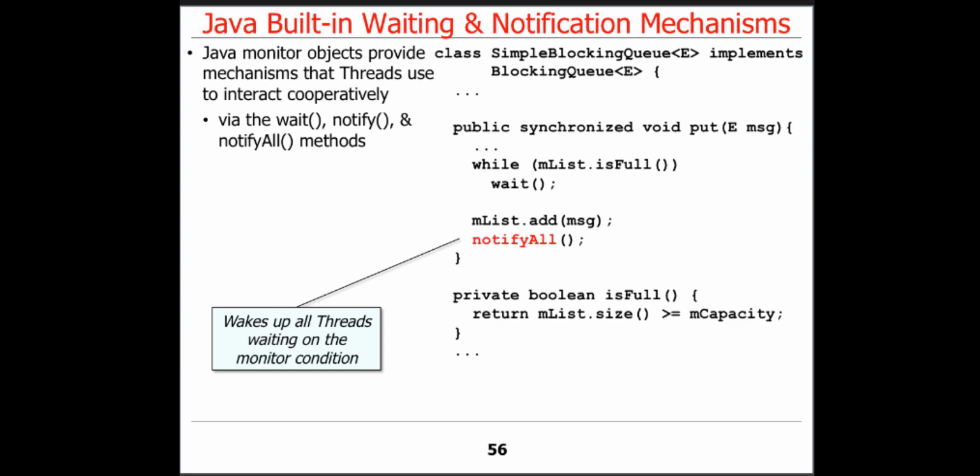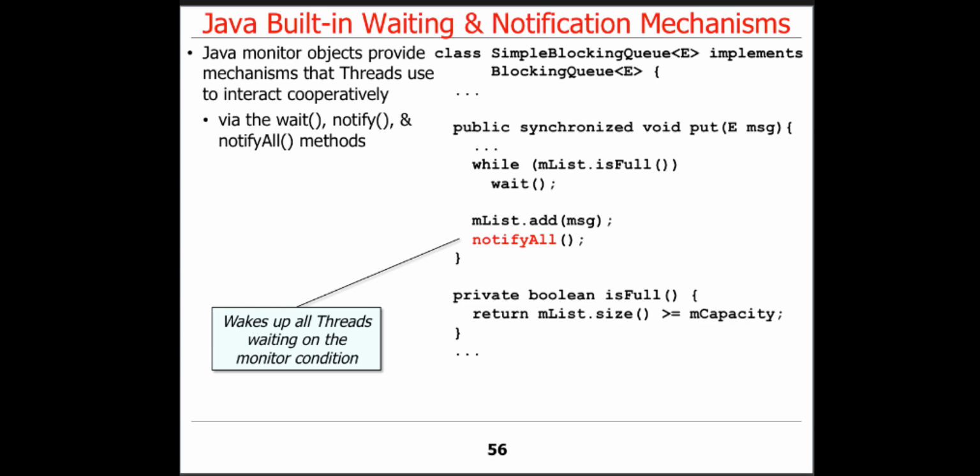Now, we'll come back and talk about this later, but you'll notice that after we put something on the queue, we're going to notify everybody that the state may have changed, that they may need to know about. Can you think of what type of method might care that the list that we're using to implement this queue now has a new element in it?